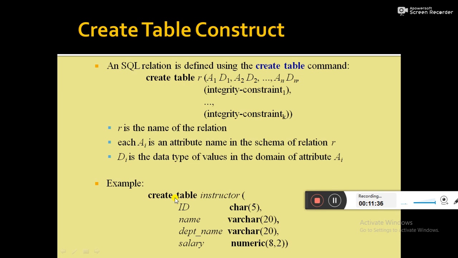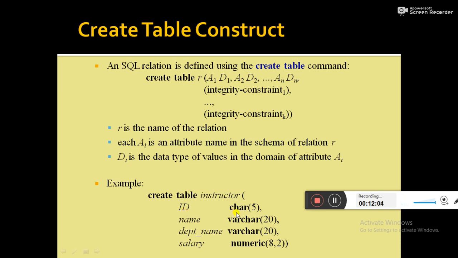For that we have to use the SQL command create table. So you mention the create table command, then a space, then the name of the relation. Here the name of the relation is instructor, then open parenthesis, then you specify all the attributes of instructor. The first attribute is ID, then the data type.